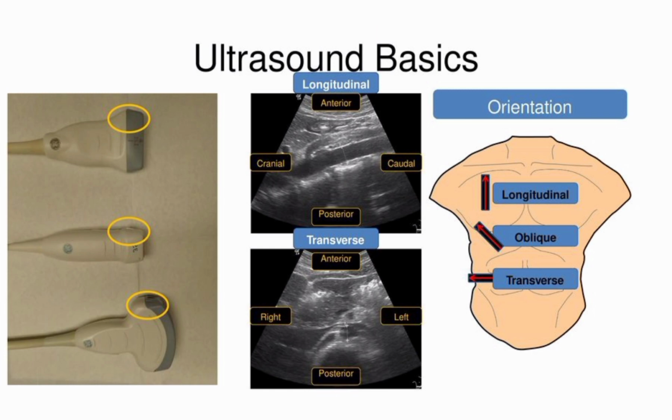In a sagittal transabdominal pelvic scan, anterior should be at the top of the screen and posterior at the bottom of the screen. The cranial or superior portion of the scan view should be on the left side of the screen, and the caudal or inferior portion of whatever image you are looking at should be on the right-hand side of the screen.